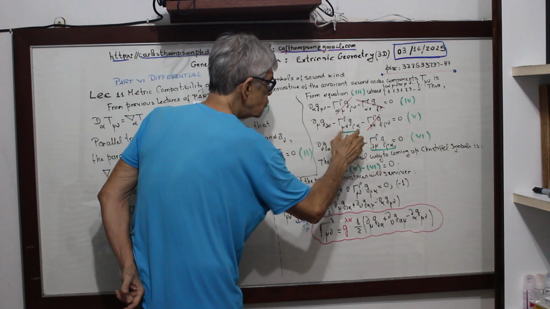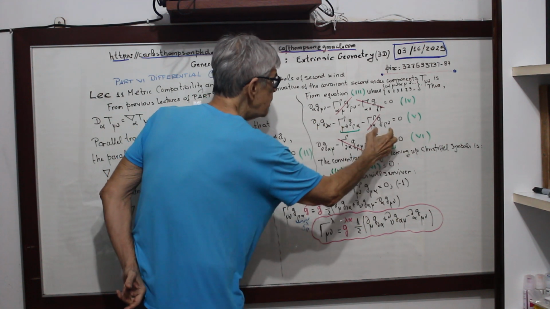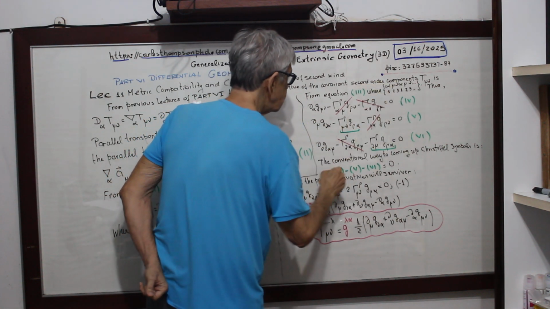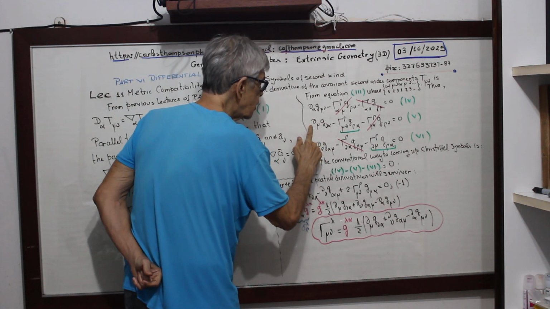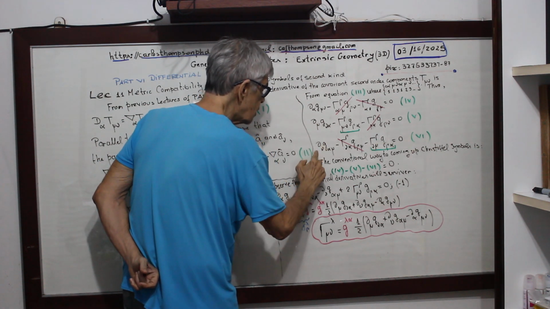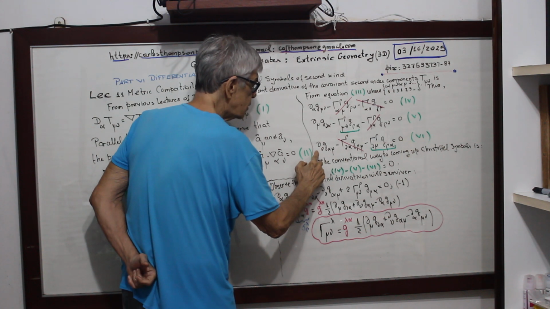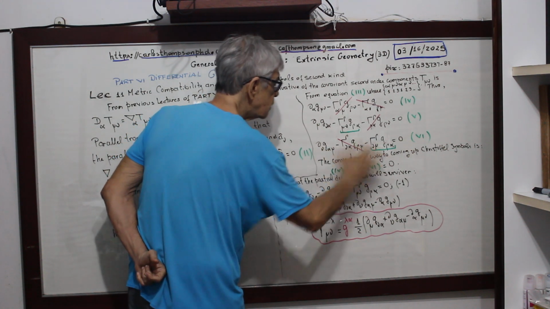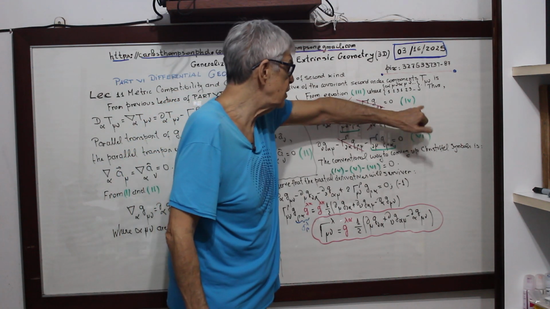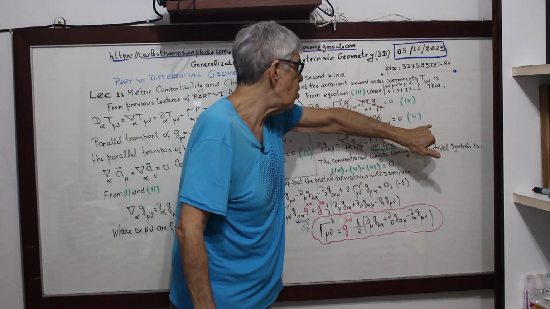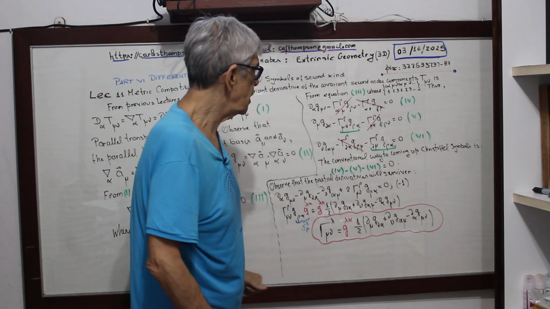Then you just copy and check the permutation. From this I got this, from this I get this. Just make the permutation. These are equations 4, 5, and 6.